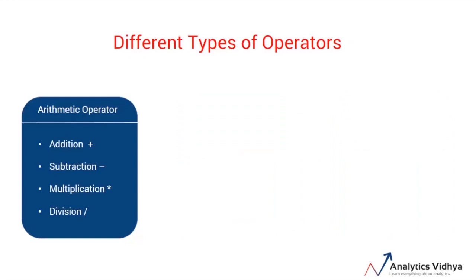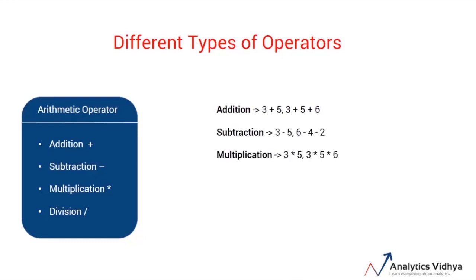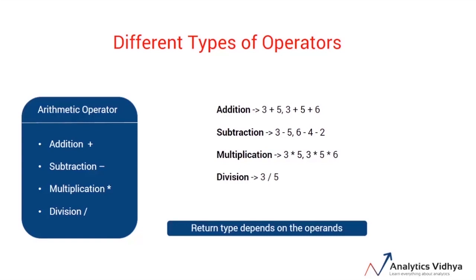Arithmetic operators help us in performing some arithmetic tasks, like addition of two operands, subtracting the second operand from the first, multiplying two operands, and dividing the first operand by the second. The output type of arithmetic operators depends on the operands. For example, here we have two numbers that are being added, so the output of this is a number.